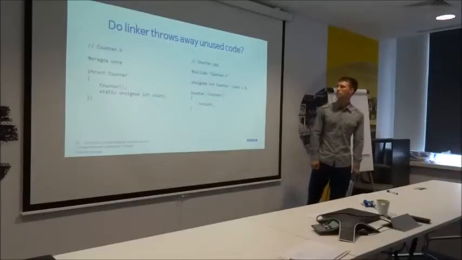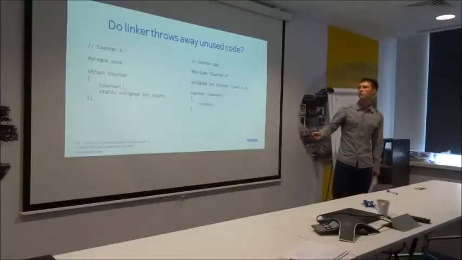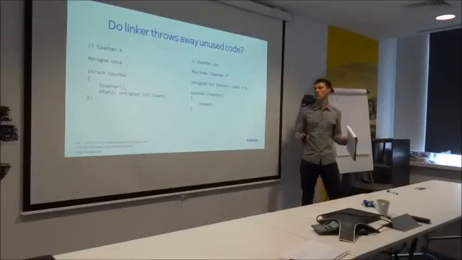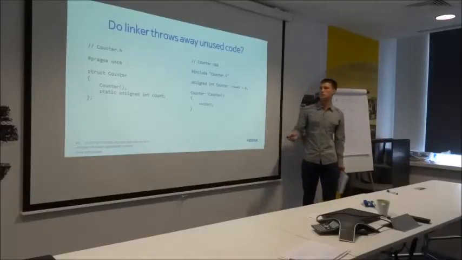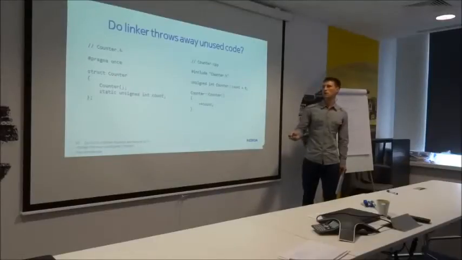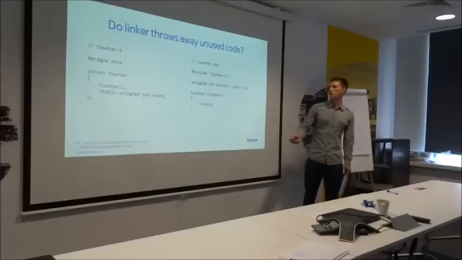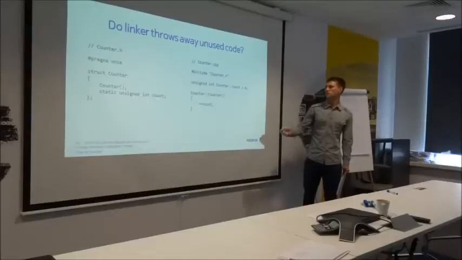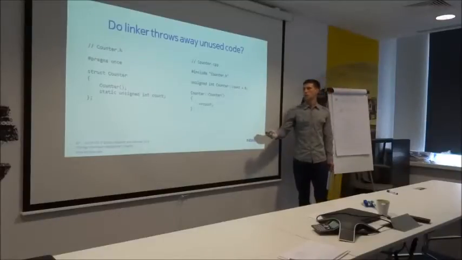Yeah, and let's consider this example. We have a counter.h header file. I'm almost sure that you know this strategy. This class is counting its own instances. It has a static member count, which is initialized with 0, and in the constructor we are increasing this static member.